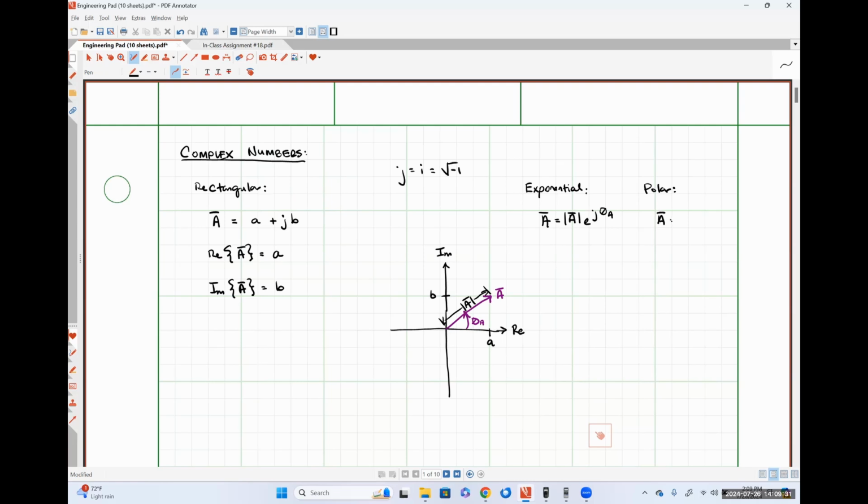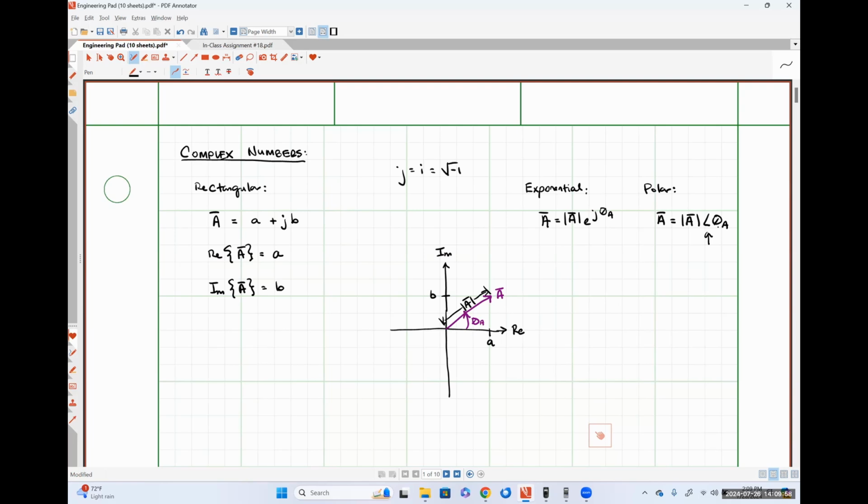So a polar form complex number might look like this, where we have our magnitude and then an angle operator and then theta A. It contains the exact same information as our exponential form complex number, but it's a little easier to write down because it doesn't have that e to the j bit. That's replaced by the angle operator right here.